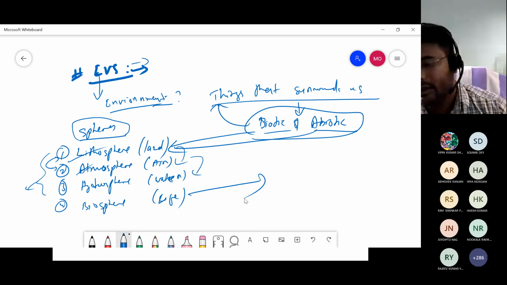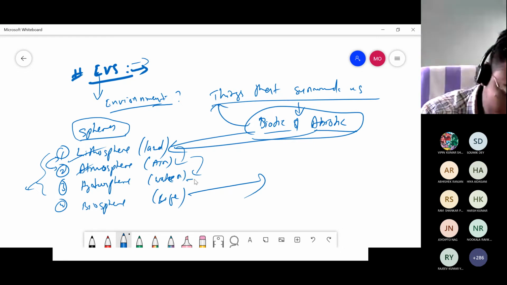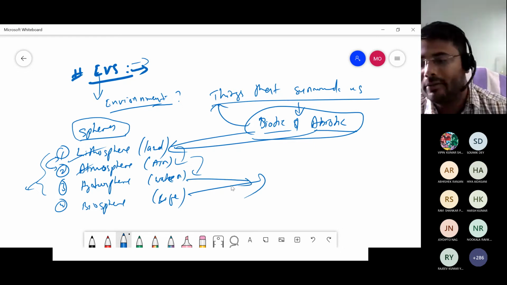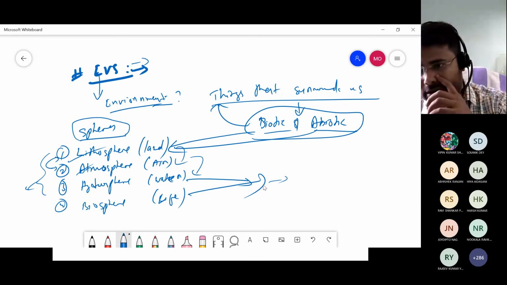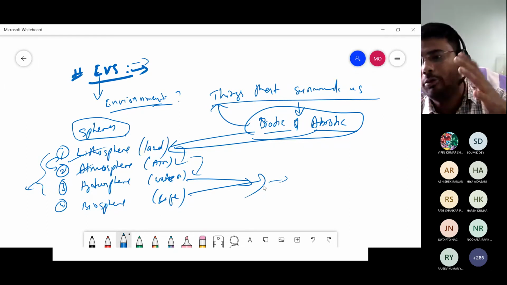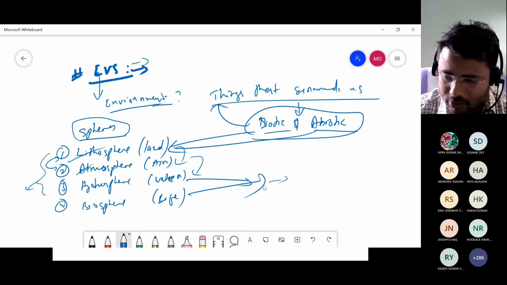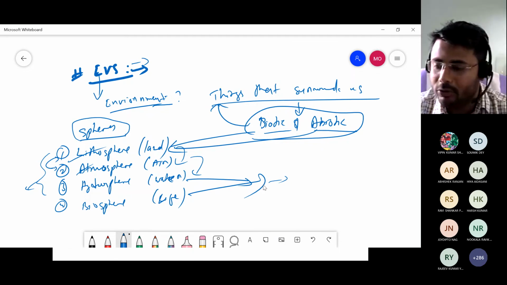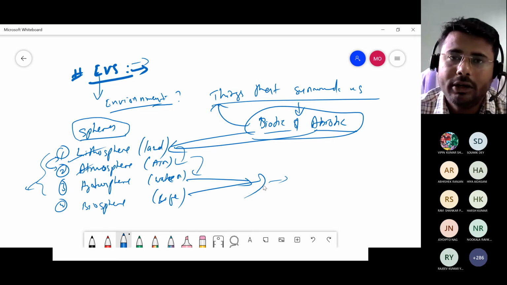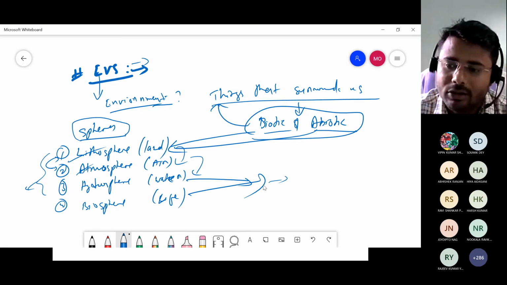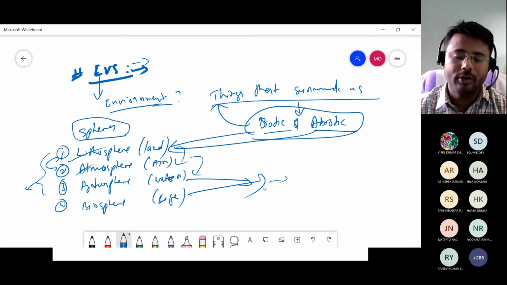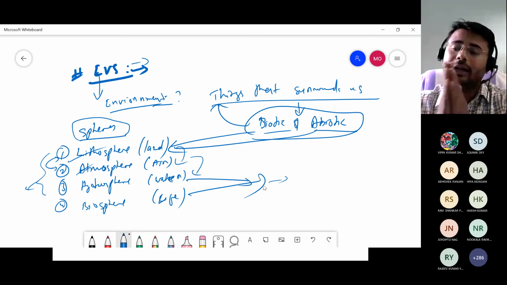Most importantly, the other two, water and life, don't sustain on other planets, as far as we know till now. I'm not saying it is not possible, but with the limited knowledge we have today, we are not able to discover such planets or extraterrestrial bodies where water and life exist together.